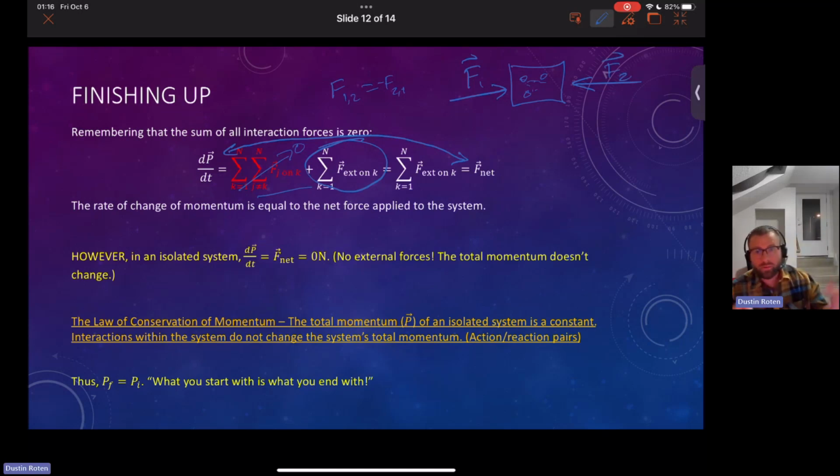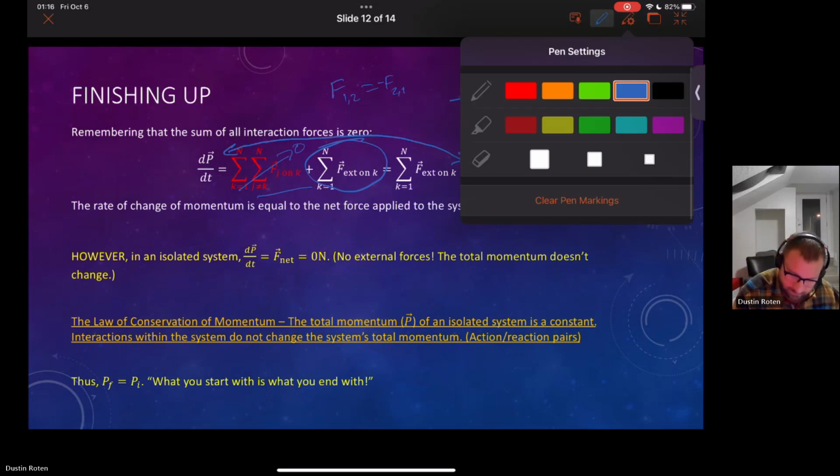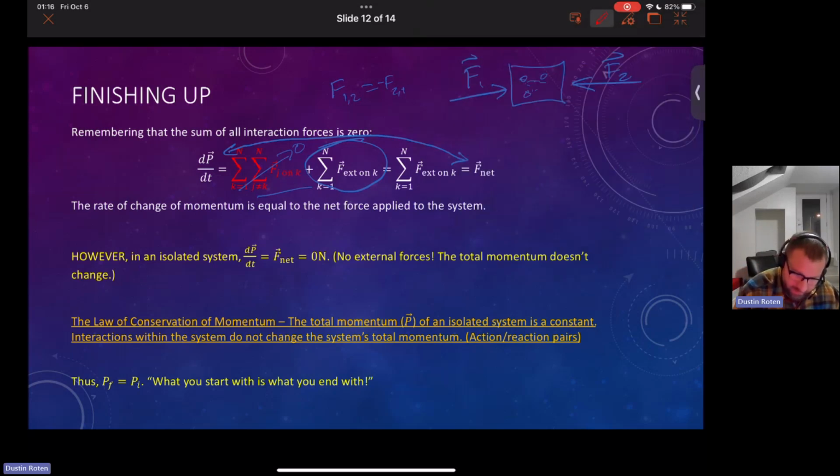So really, we're just talking about the forces acting on the system. This red, everything in the red box, all those summed forces, that's 0. And we only care about the external pieces. And we did all that math to show that this is what's going to happen.